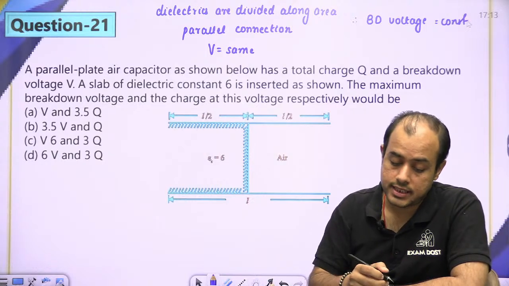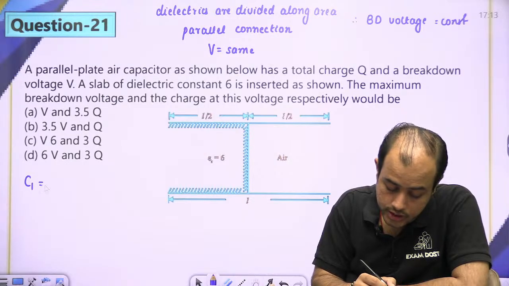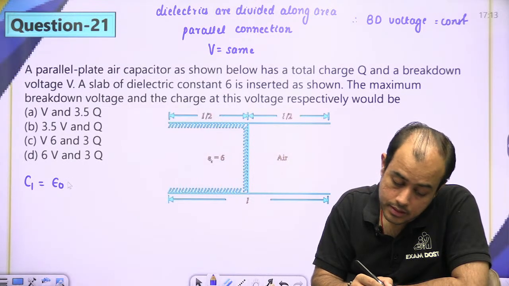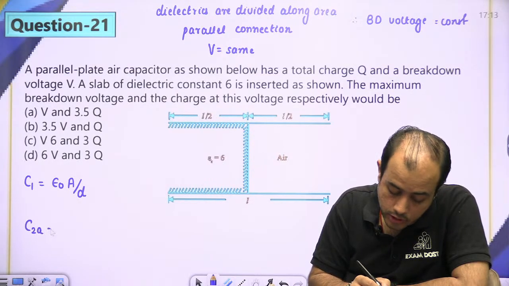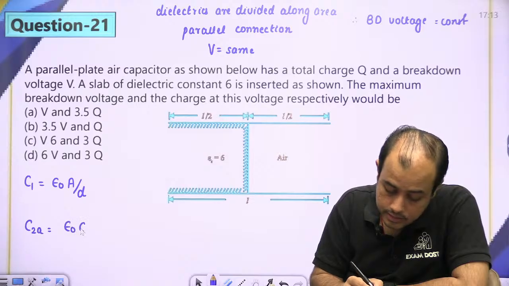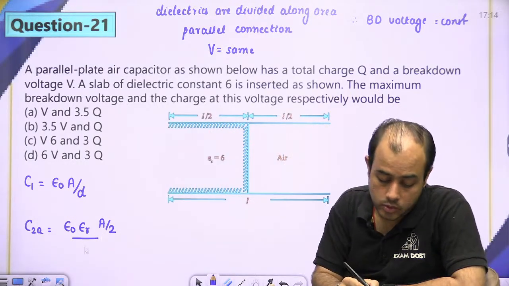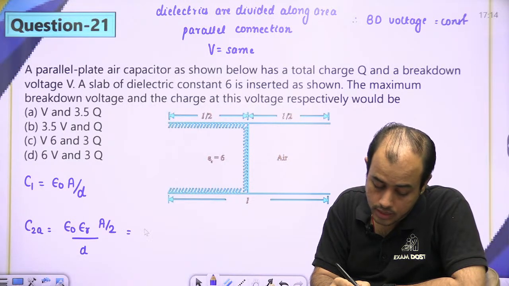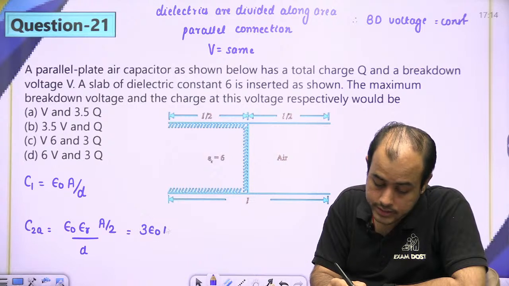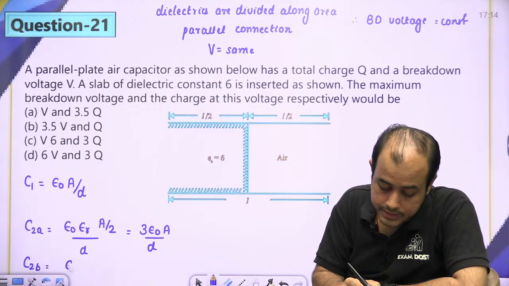Now, what about the charge? So, initial capacitance will be epsilon naught A by D. Now, for the next case, the area is equally divided, because if you see L by 2, L by 2, so area is equally divided. So 3, because epsilon R is 6. C2, where air is present.